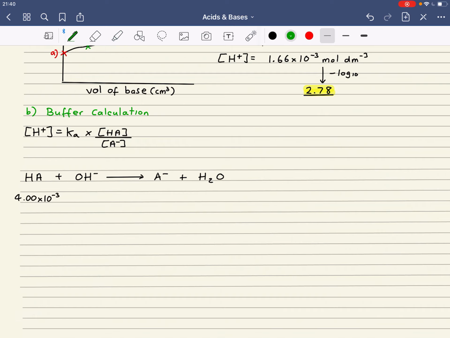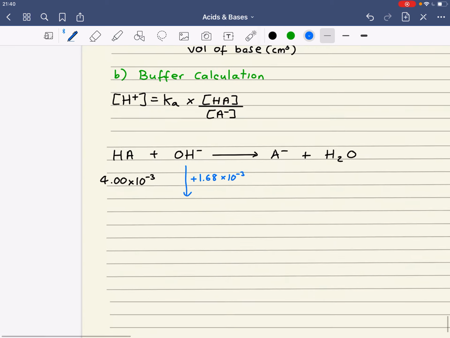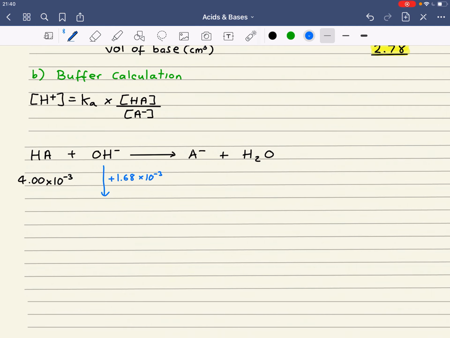So in effect, I've added 1.68 times 10 to the minus 3 moles. All these hydroxide ions are going to react because I've got an excess of my weak acid.